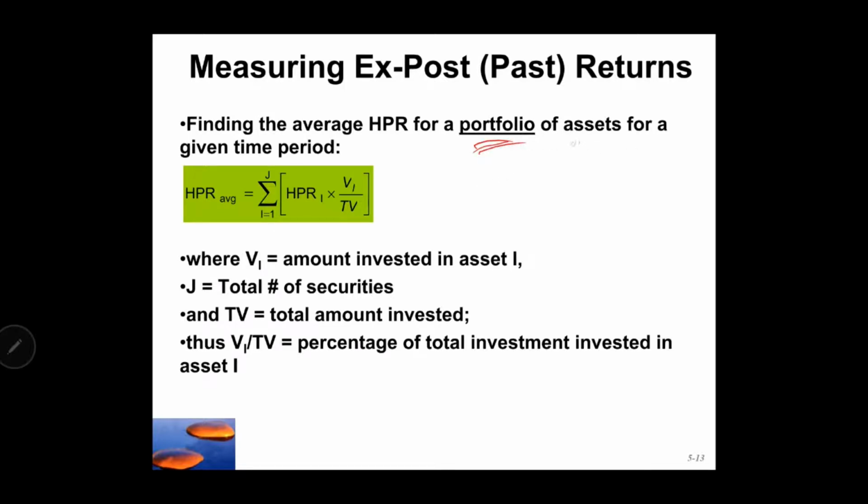In the previous versions, we were discussing how to compute the value of a single investment in a single period or multi-period. For a single period, we have shown how to do it using HPR and with compounding, that is the effective annual rate and the annual percentage rate. We have done that, right?